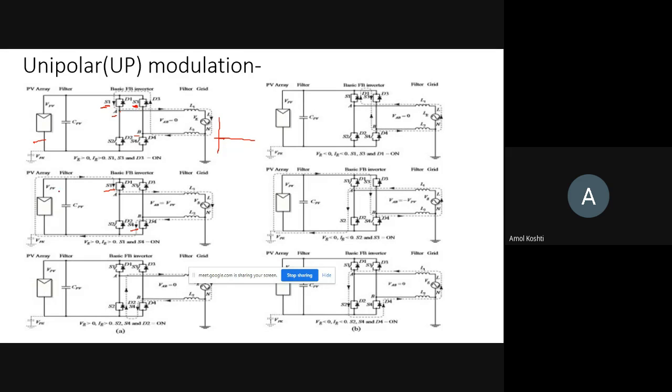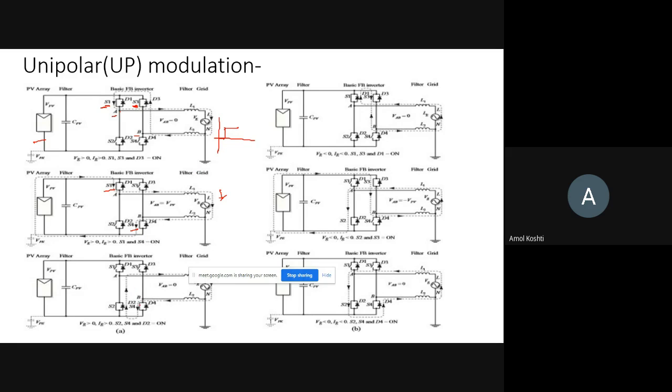S1 and S4 are turned on, so current will flow from the PV through S1, A, then L1, the grid, L2, then S4, and it closes at the other end of the PV panel. In this way the positive half is produced.